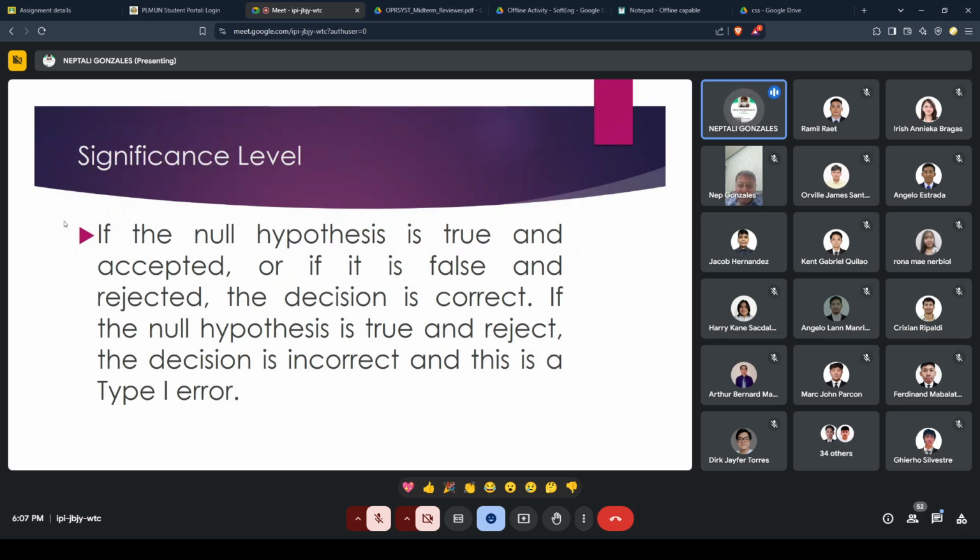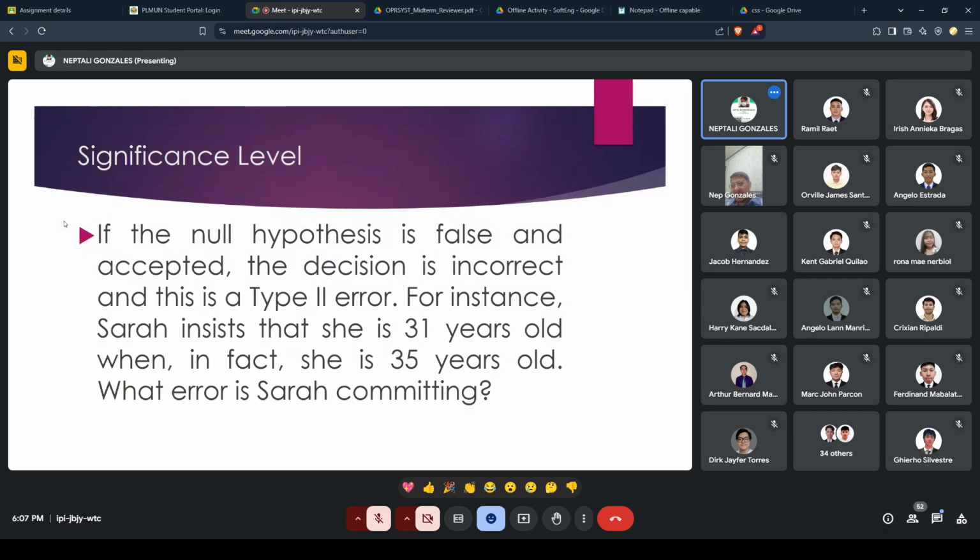But if the null hypothesis is true and rejected, the decision is incorrect and this is a type 1 error. If the null hypothesis is false and you accepted it, the decision is still incorrect. And this is a type 2 error.